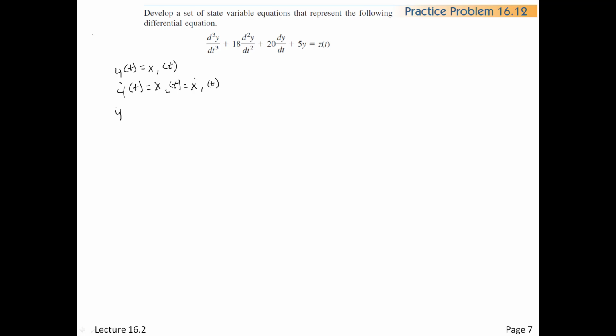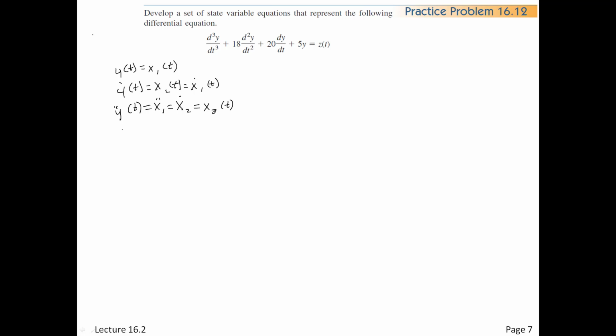So y double dot of t, to speed this up, will be x1 double dot, which we're going to call x2 dot, and we'll label that as our x3, another state variable.